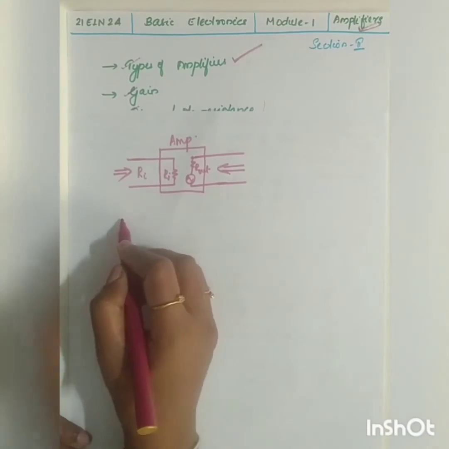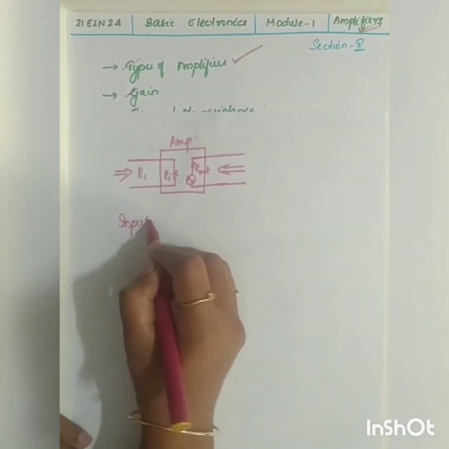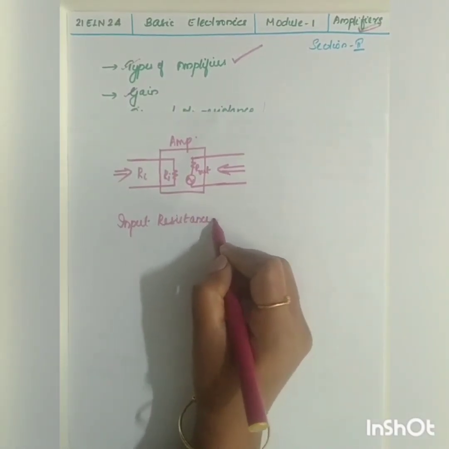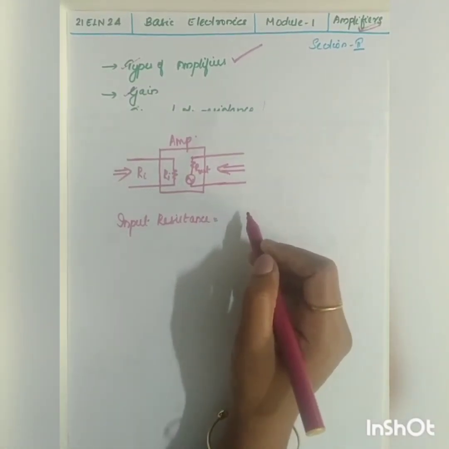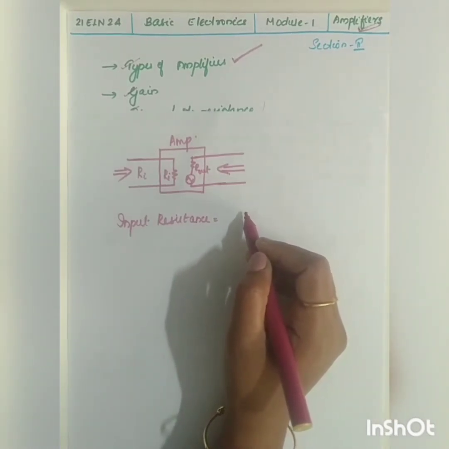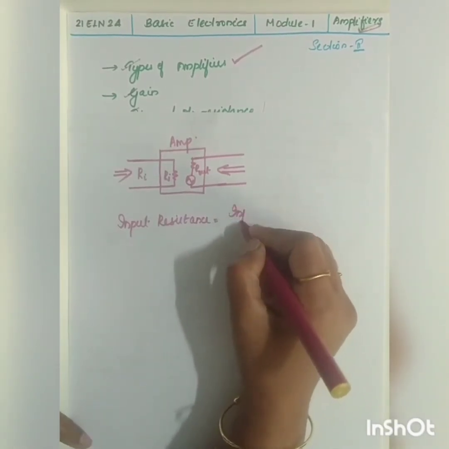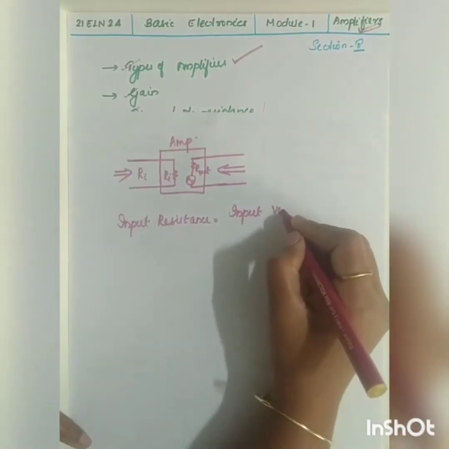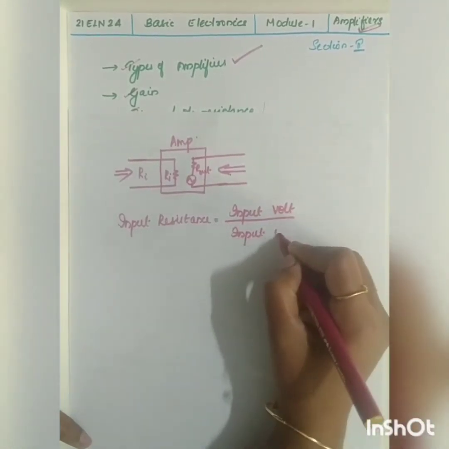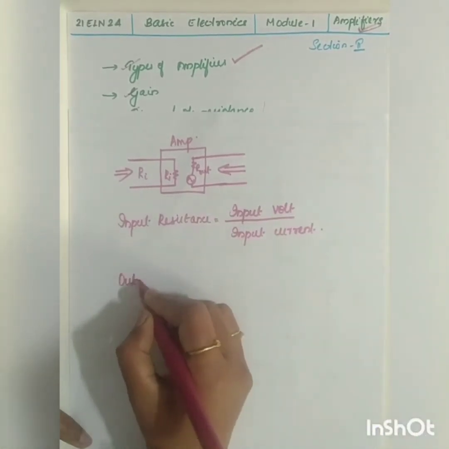So what will be your formula? Input resistance: you know that resistance is equal to voltage divided by current, so the input resistance is equal to input voltage divided by input current. Now what will be your output resistance?